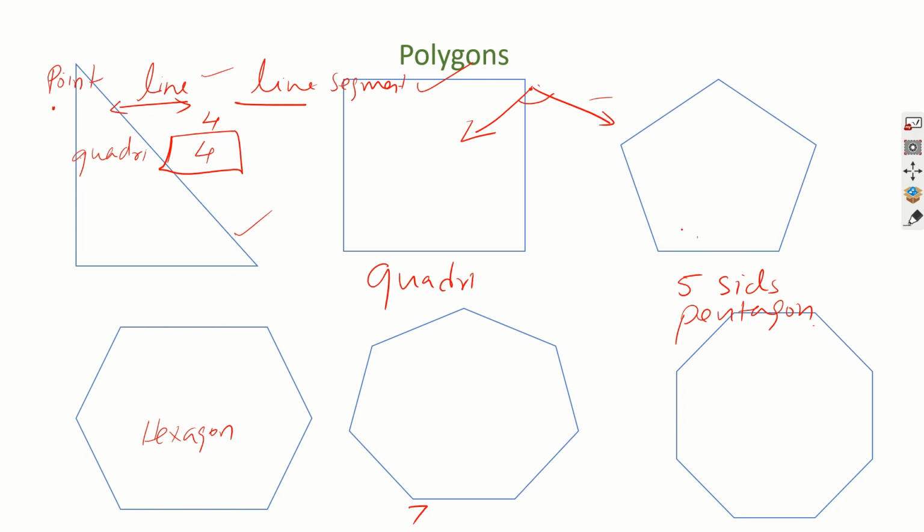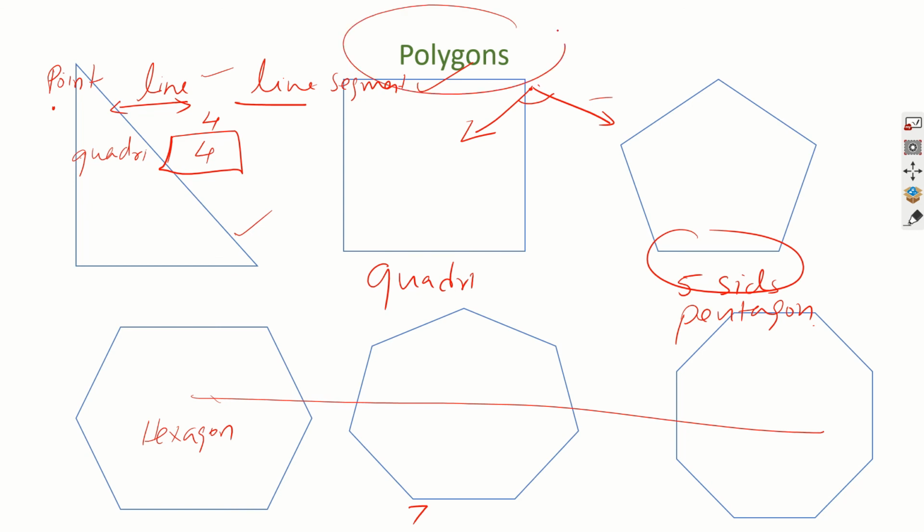For example, this is five-sided. We can call all these together as polygons. Poly means many. Many-sided figure. Three triangle, four quadrilateral, five pentagon, above that polygon. Just for naming it, nothing so serious about it.